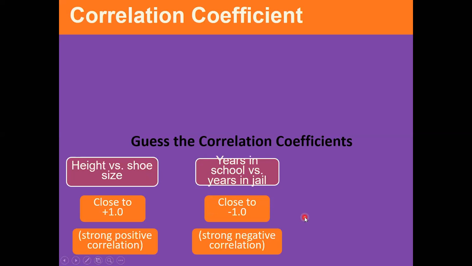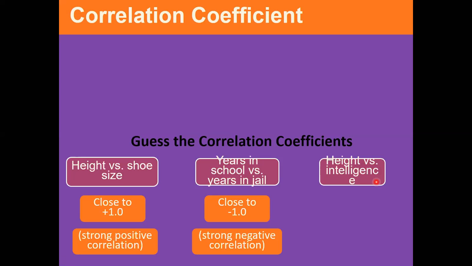Nonetheless, yeah, it does seem that the more education the person has, the less likely they are to be spending time in jail or prison. That's true, but nonetheless, you see the skepticism on my part there. Okay, well, how about height versus intelligence?